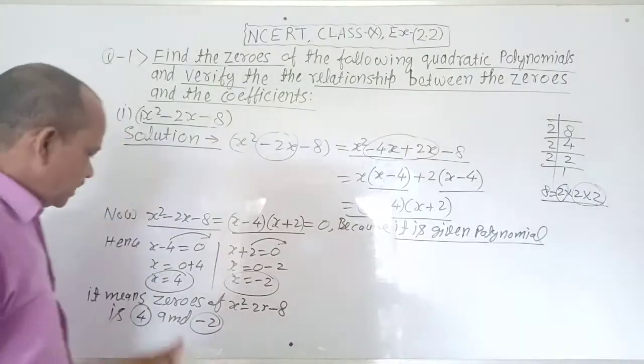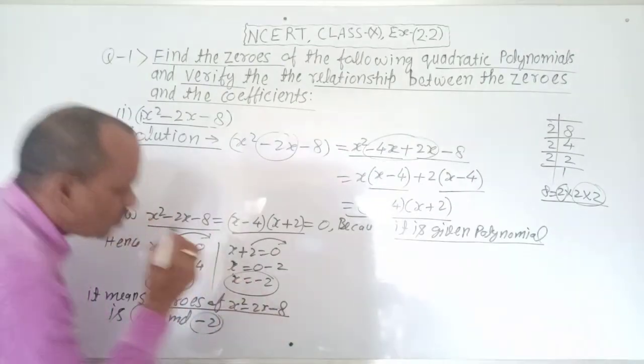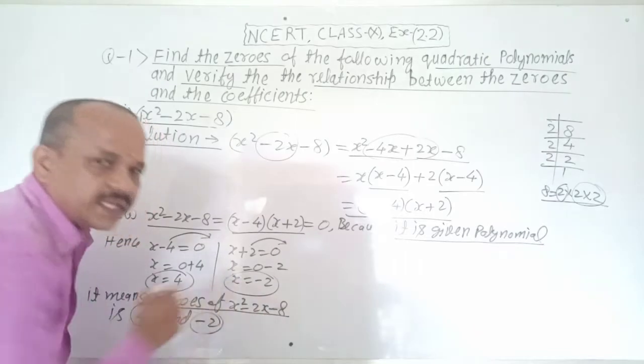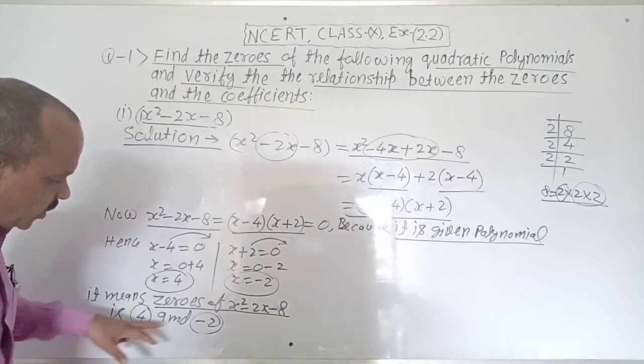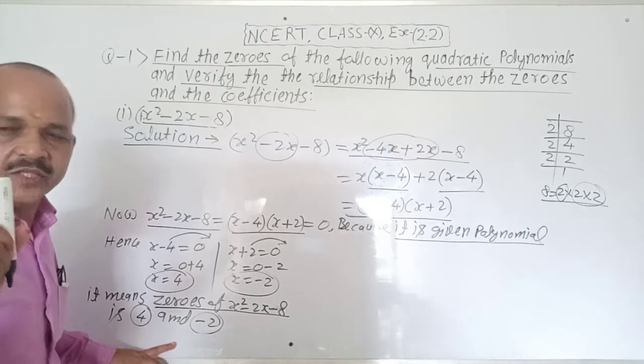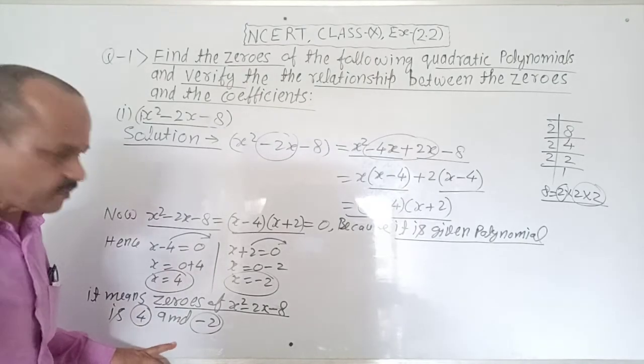You find the zeros of the polynomial x square minus 2x minus 8 are 4 and minus 2. These are the zeros of the polynomial. Zeros of polynomial is clear. No confusion about it. Very good.